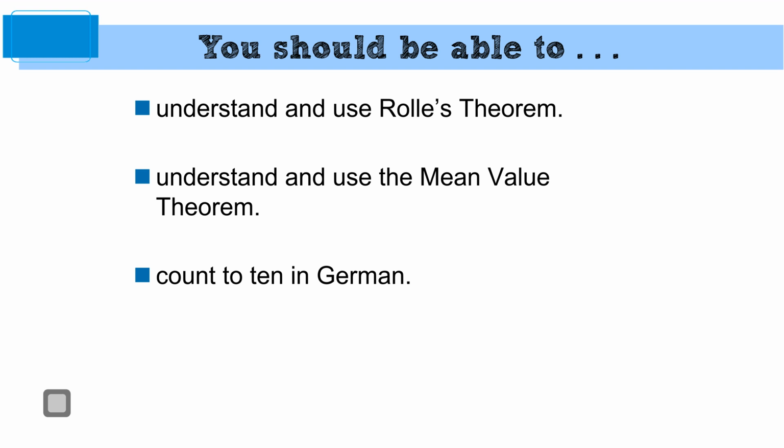Then you should be able to count to 10 in German. Anybody? Nicht sehr gut, meine Schatzi. Was ist los? Da. That's Russian, you doofus. Ja, ja, ja. Und nein. Ja, ja und nein. Wunderbar.